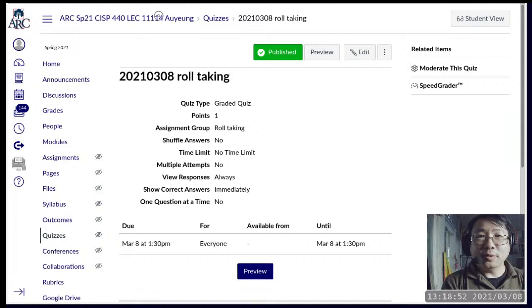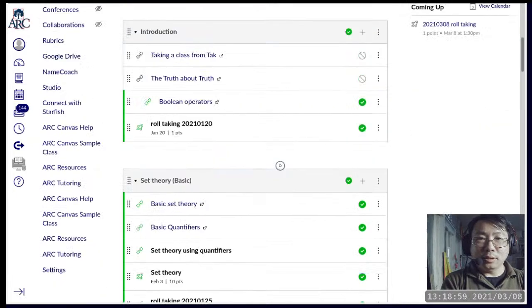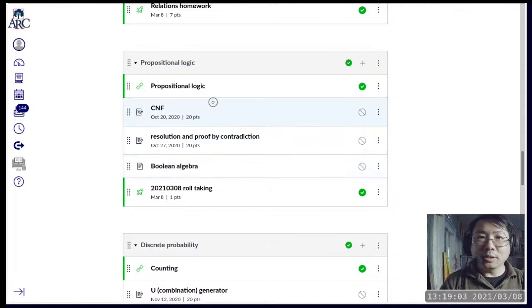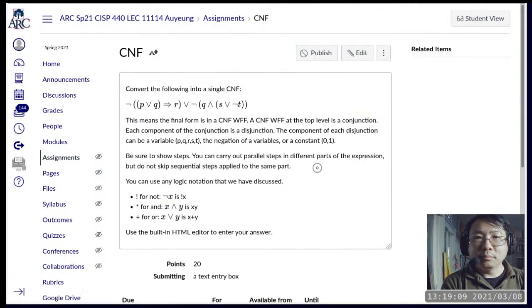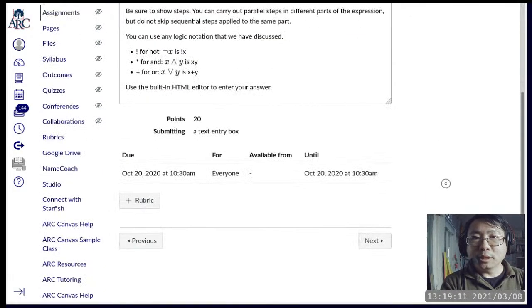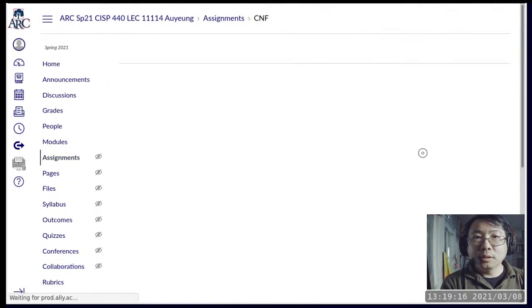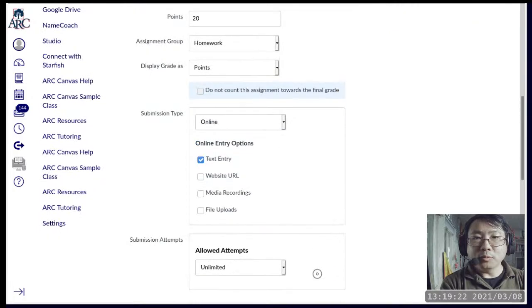And on top of this, go ahead and do the roll taking activity right now as I work on releasing the next homework assignment. Alright, so the next homework assignment is called CNF. And we are going to set up the due date. I will give you guys a week to do this.